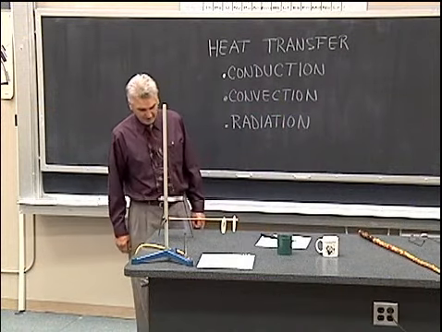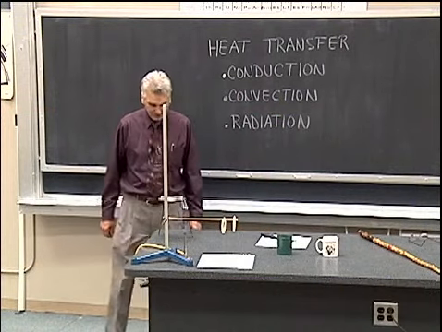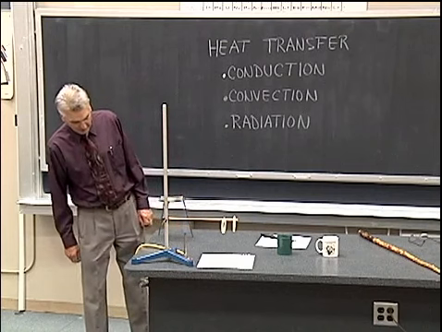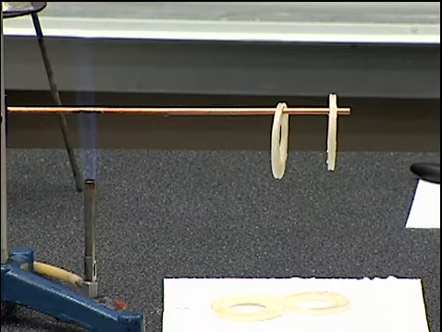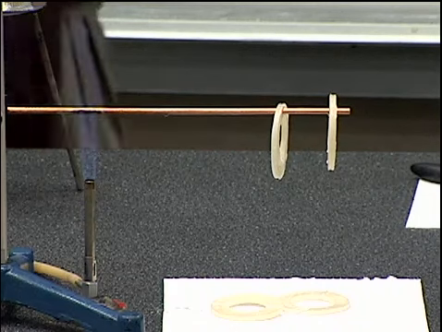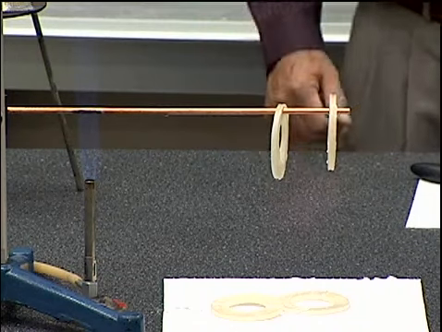Okay, now it looks like we have sufficient heat transferred along the rod now to where the third one is melted about 2/3 of the way through, and it's just about ready to fall.